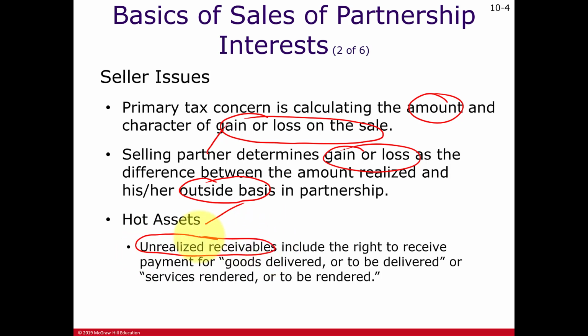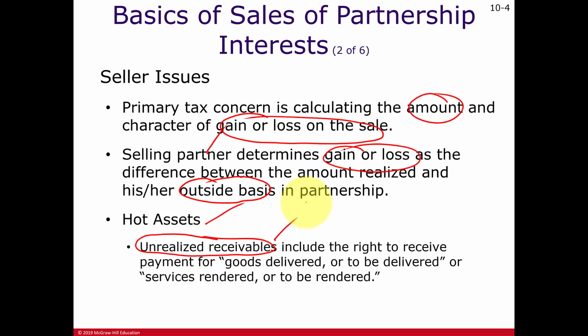Unrealized means that it hasn't been reported yet, especially for cash basis taxpayers that haven't collected the money yet. Accrual basis taxpayers already booked, already recorded the account receivable, already credited the revenue. So that income is already recorded as taxable by the partnership.